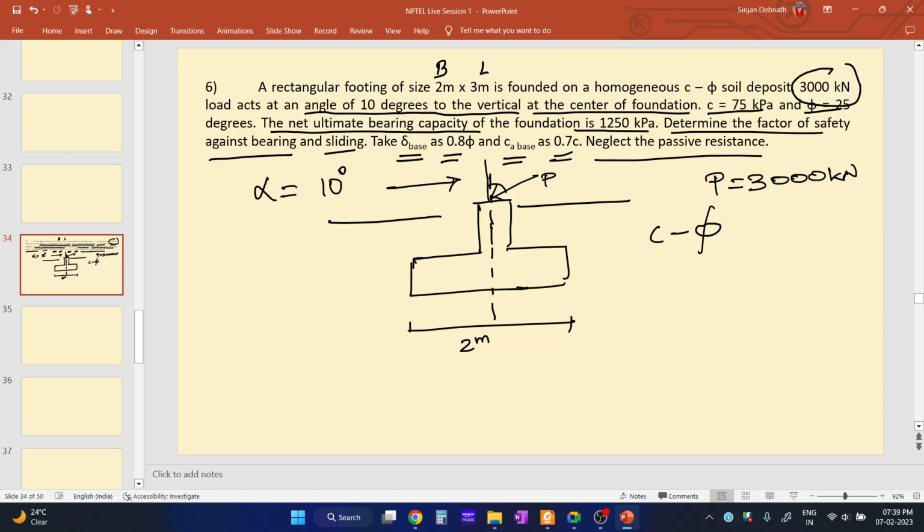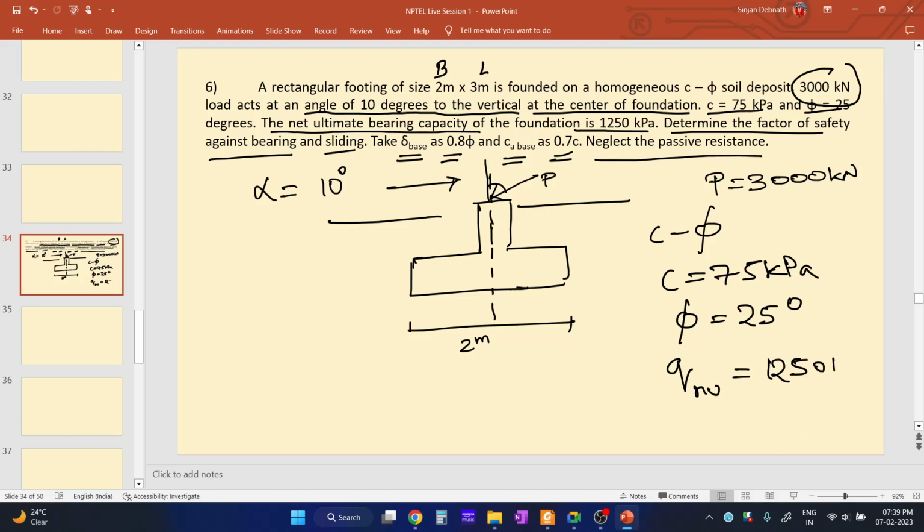C is equal to 75 kPa. Phi is equal to 25 degrees. The net ultimate bearing capacity, qnu, is 1250 kPa. Determine the factor of safety against bearing and sliding.